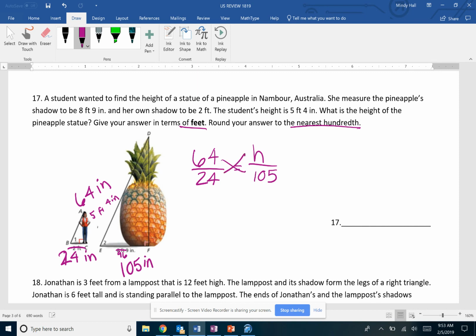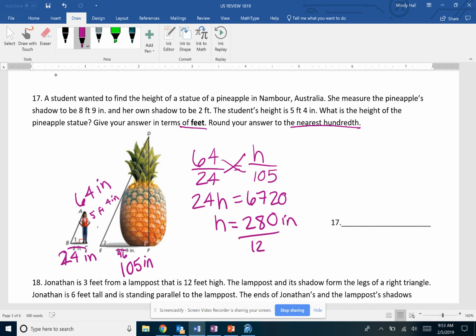Again, you could set this up a bunch of different ways, but the main thing is that you're multiplying 24 times h. 64 times 105 is 6,720. So when you divide by 24, you get that h equals 280. Again, this is in inches.